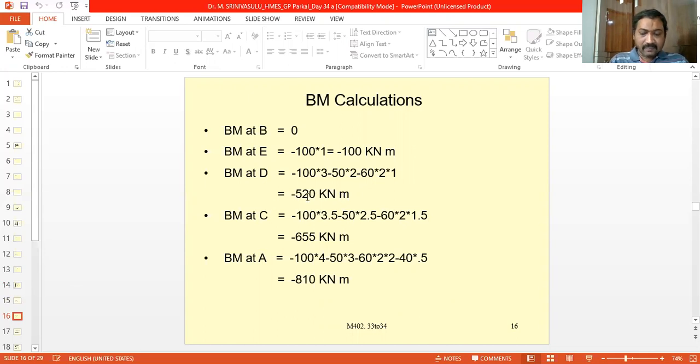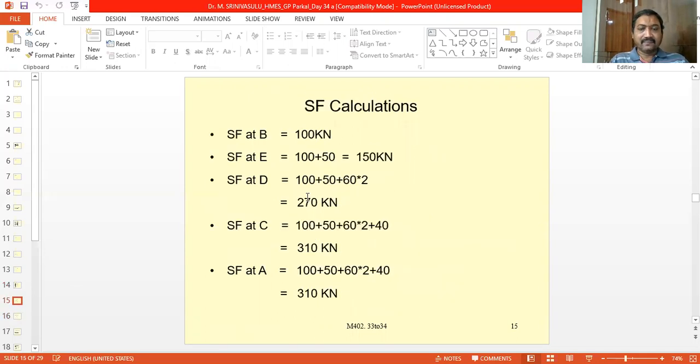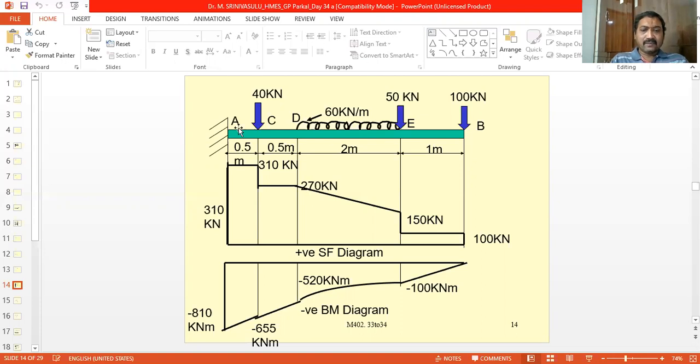Now coming to the bending moment at point C. So at point C, the same forces are acting. The only thing is the distance is changing. So now the 100 kN into the distance, which is 1 plus 2, 3 plus 0.5, 3.5 from point C. So minus 100 into 3.5. Next, this 50 into 2.5.